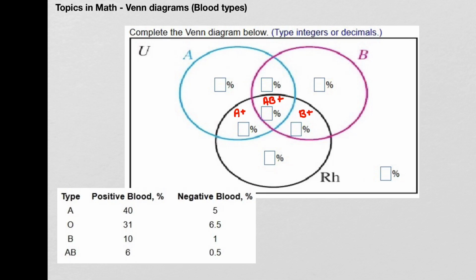And now I'm going to look at the section that is in set A and set B, but not set RH. So we have A, also have B, don't have the RH factor, so we're going to call that AB negative.